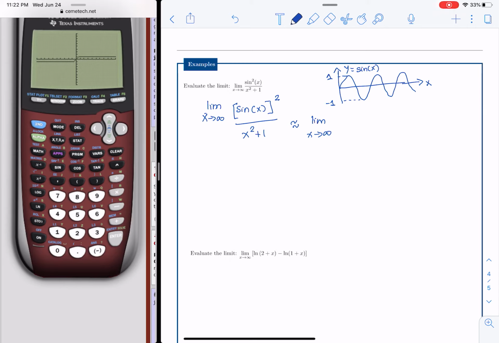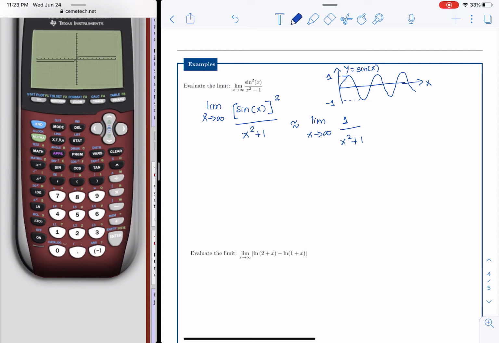There is a theorem called the squeeze theorem, and it is going to come in chapter 3, I believe. But here I'm going to work without the squeeze theorem. So the numerator is going to be some small number. Let's just say it is going to be 1. The denominator is x squared plus 1.